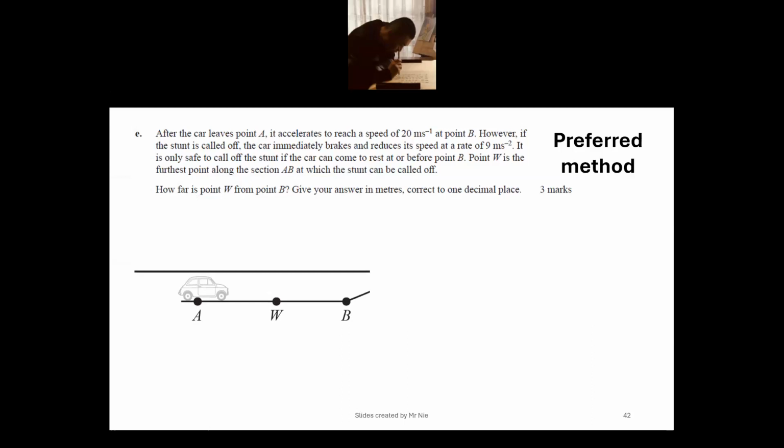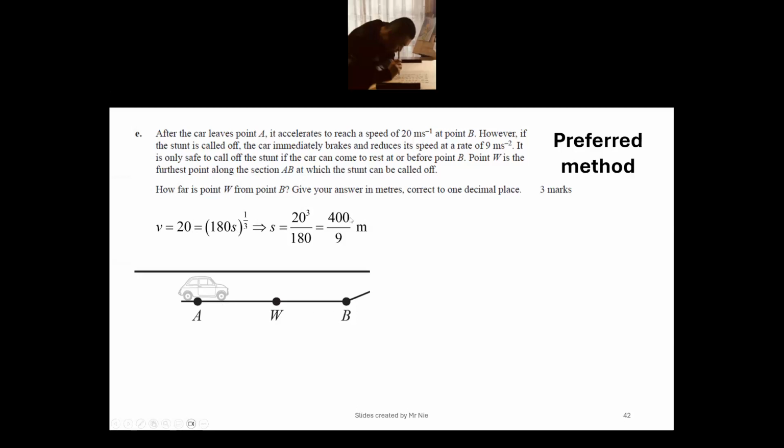I think it's a good idea to redraw a quick diagram, just highlighting the section A to B, and the point W in the middle. First, we would like to design a horizontal track such that the car can gain a speed of 20 meters per second. That's why I would substitute v equals 20 into the previous result and get the minimum distance required.